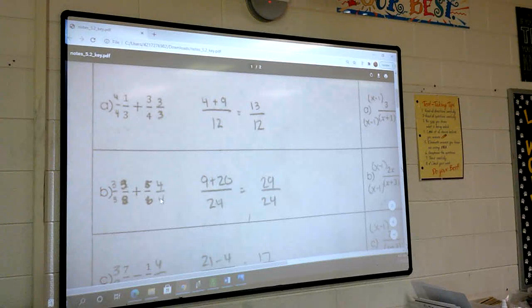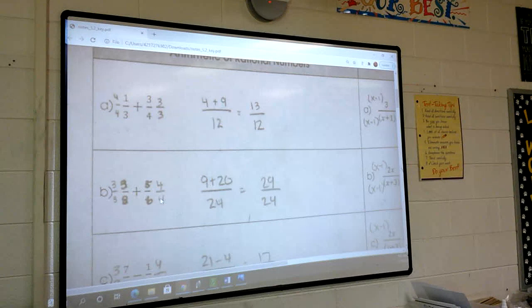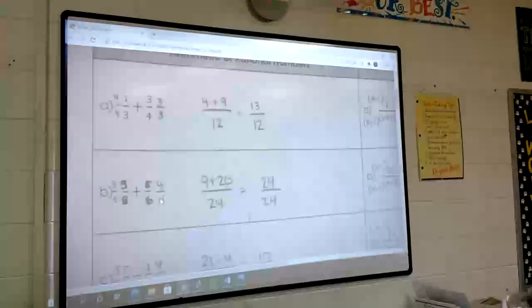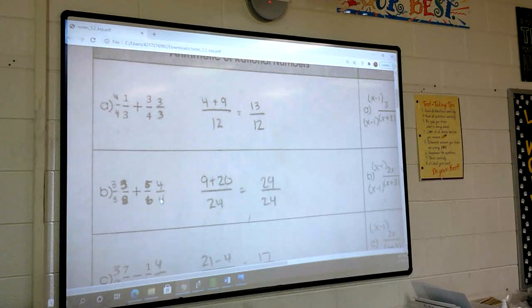Okay. So I changed those numbers, I think. It should be 3 over 8 plus 5 over 6, if it's different on your paper. I changed them to make it work. 3 over 8 plus 5 over 6. We want to make that into the least common denominator. So we multiply by 3 to the first fraction. We multiply by 4 to the second fraction.